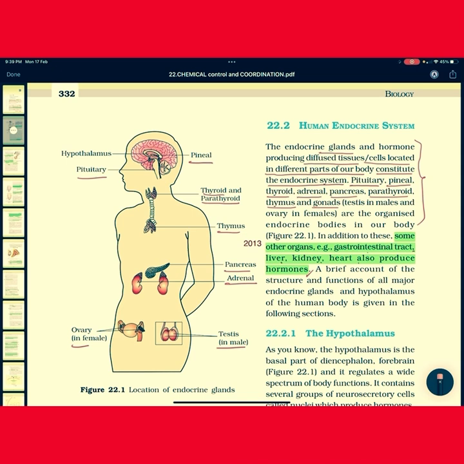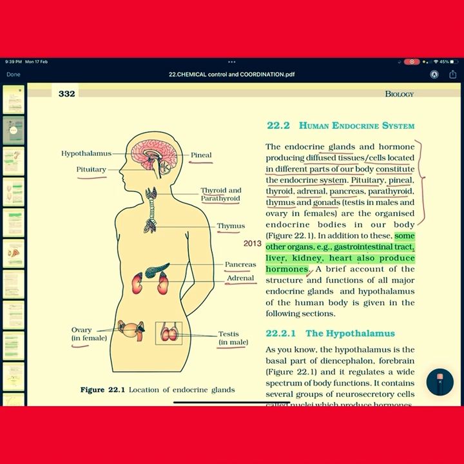Right, now the gastrointestinal tract. The main function of the GIT is digestion. Whatever we eat is digested and the nutrition is supplied to every body part. But it also releases some hormones like gastrin, GIP (gastric inhibitory peptide), CCK (cholecystokinin), and secretin, which is the first discovered hormone.